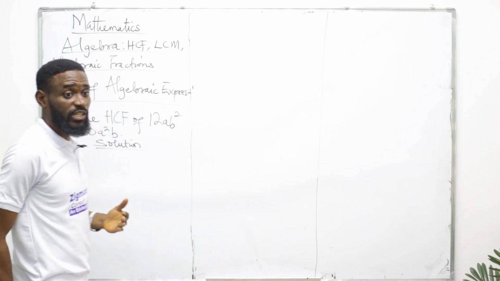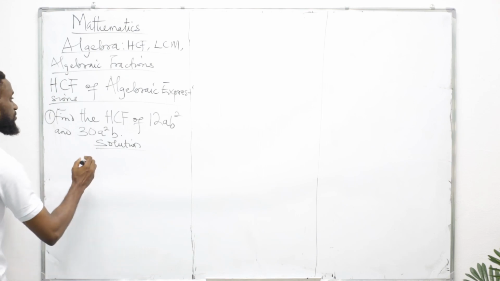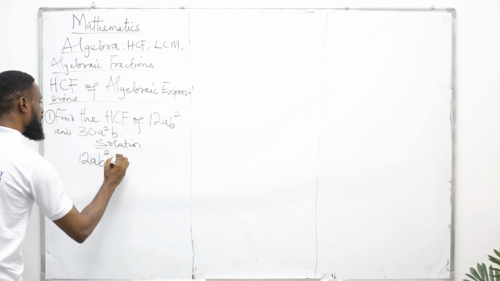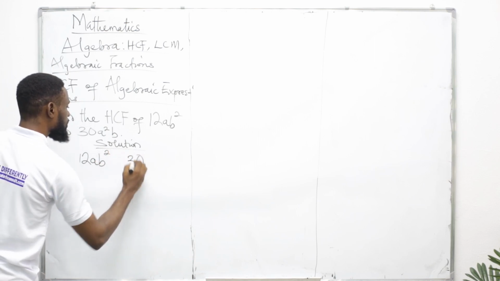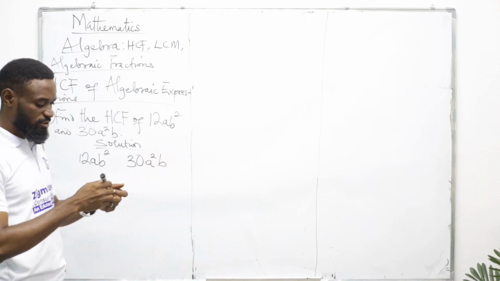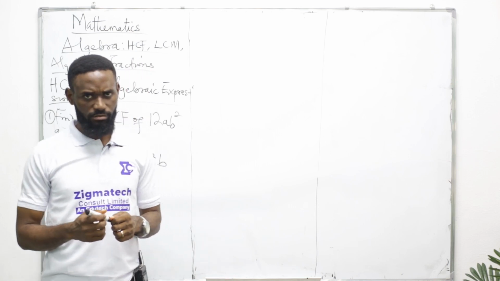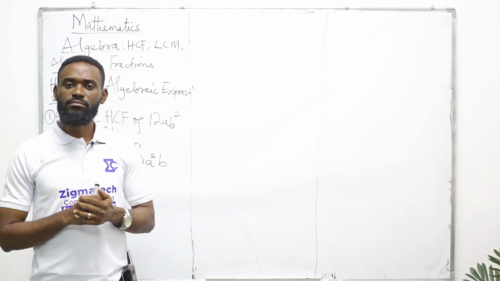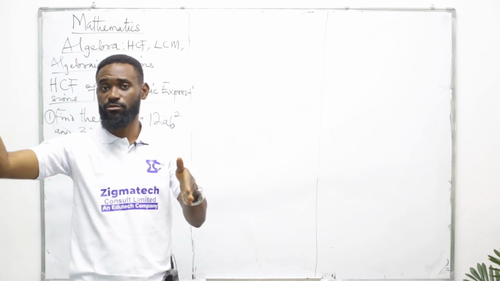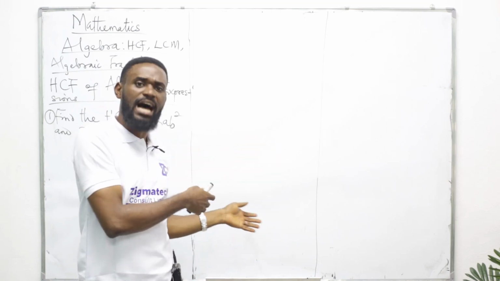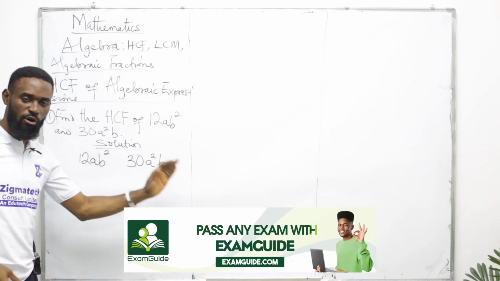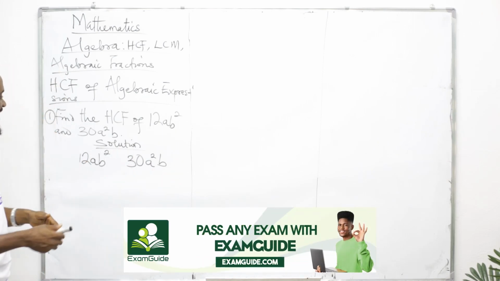What that means is that these two expressions, 12ab squared and 30a squared b, have common factors. It means they have lowest common factors and highest common factors. Okay, so we are going to get this solved. By so doing, we can get the highest common factor.